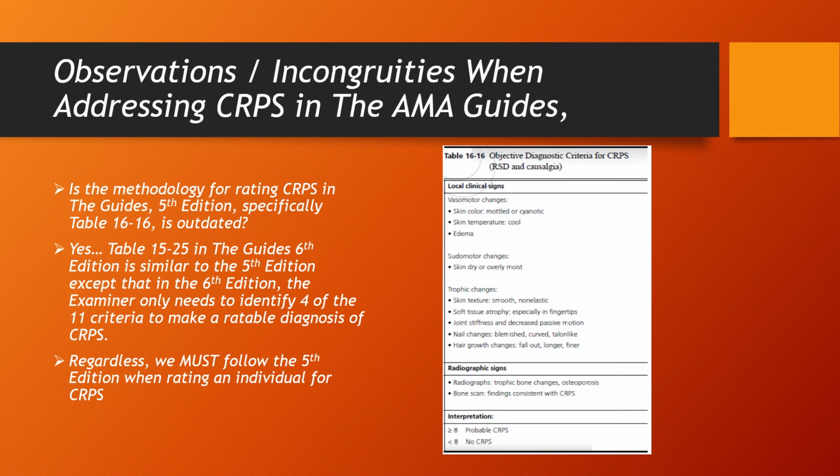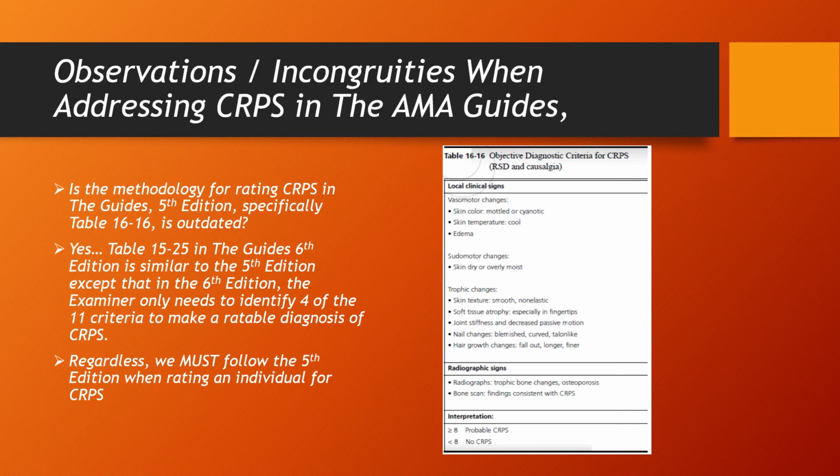And I have told you in the previous installments that the understanding of CRPS is changing daily. There has been very little research done prior to the last 10 years. So as you see, they were making decisions in 2001 that are probably outdated at this point. And how do we know?